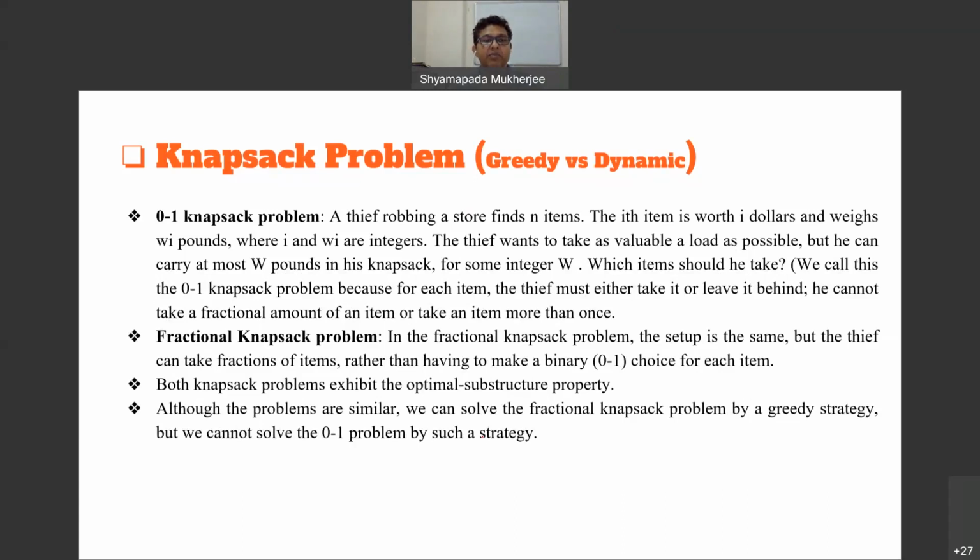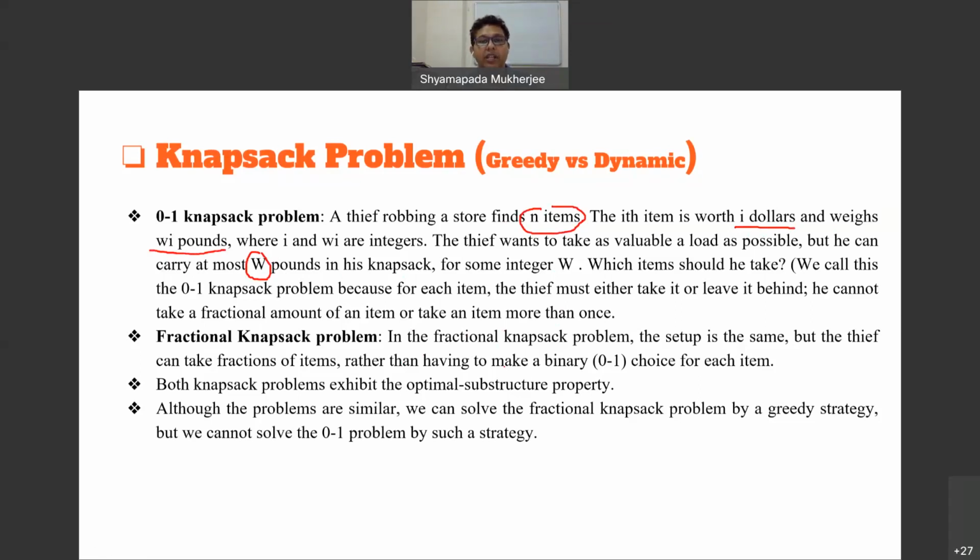The idea is very simple, a story kind of thing: a thief is trying to rob a store, where he has a knapsack of capacity W pounds, and there are n items in the store, each item worth v_i dollars, and the weight of each item is w_i pounds.